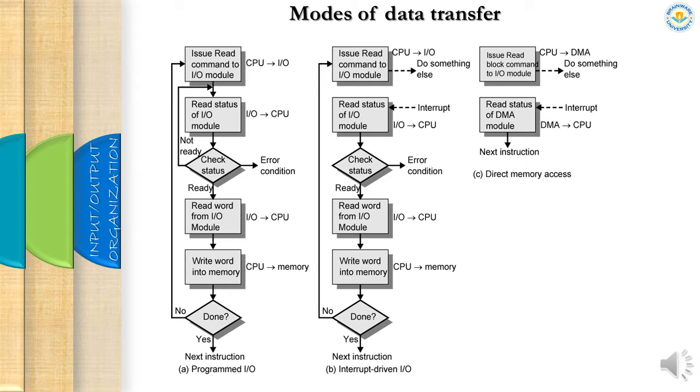The CPU momentarily stops the task it is processing and branches to an interrupt service routine or ISR, sometimes also called an I/O routine or interrupt handler, to process the I/O transfer.